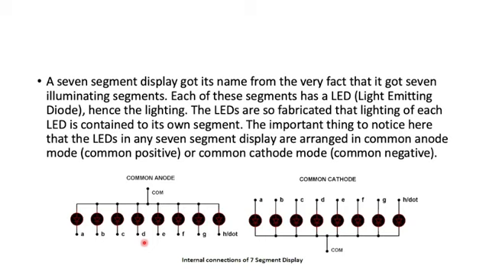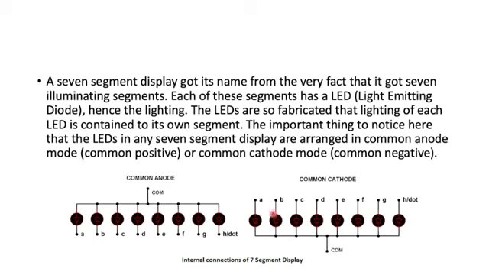Mostly we consider 5 volt as logic 1, and if I apply 5 volt to this common cathode pin, LED A will glow. If I give 0 or ground, then this LED will turn off.